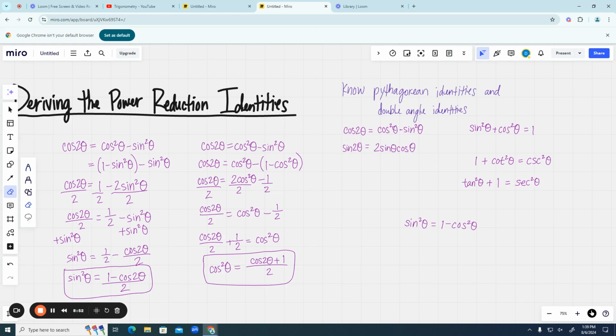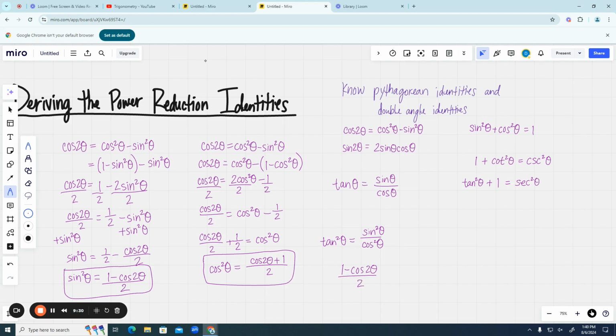If we need a power reducing formula for tangent, that one's actually way easier, because tangent is just sine over cosine, so tangent squared theta is just going to be sine squared theta over cosine squared theta. We already found the identities for that one. My sine squared theta is supposed to be 1 minus cosine 2 theta over 2.